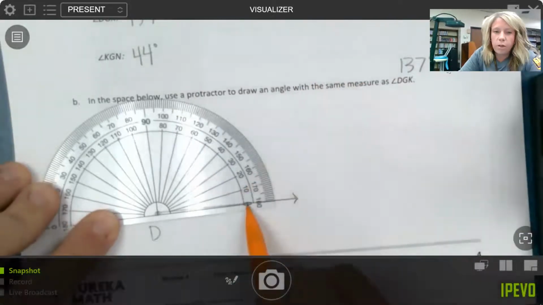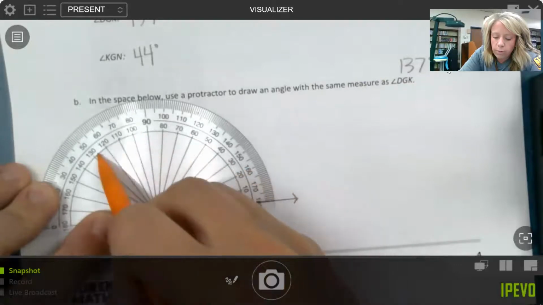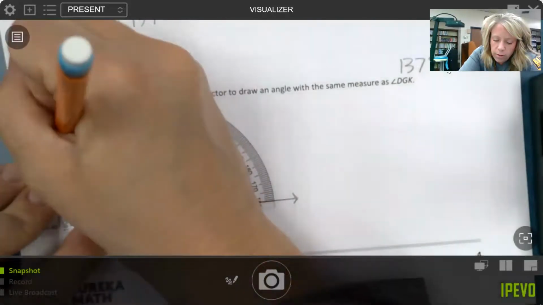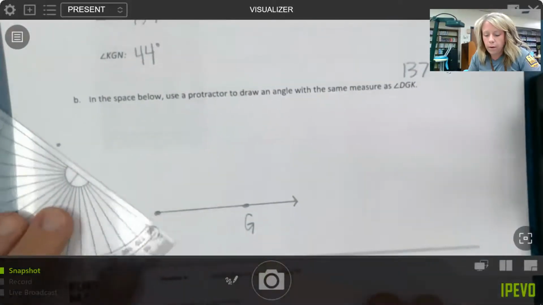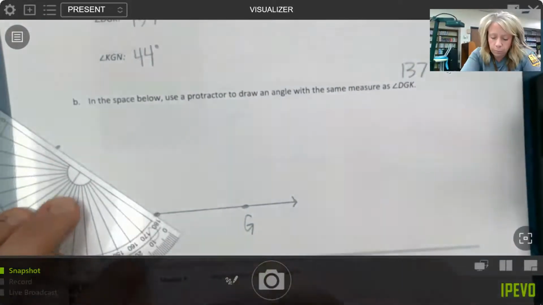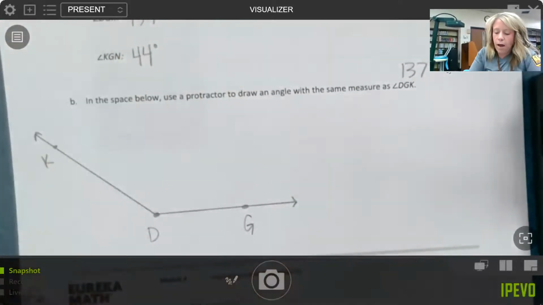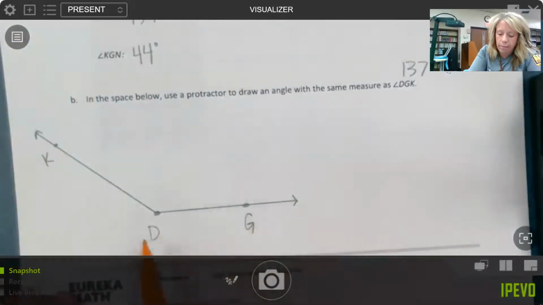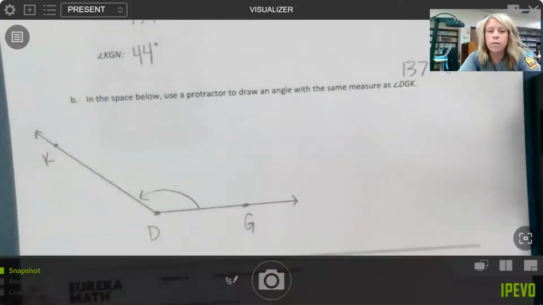Here's 0, 90, I need to go to 137. So I travel to 90, 135, 136, 137, make a point there. Now I'm going to go ahead and create another ray. I'm going to label that K. So I made angle GDK 137 degrees. So just go ahead and double check your measurement using your protractor.